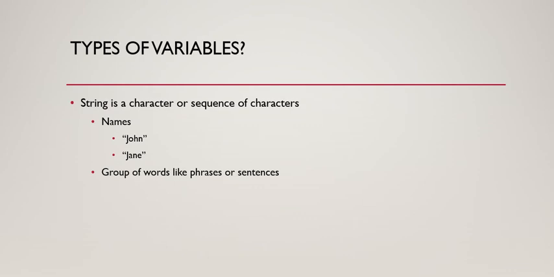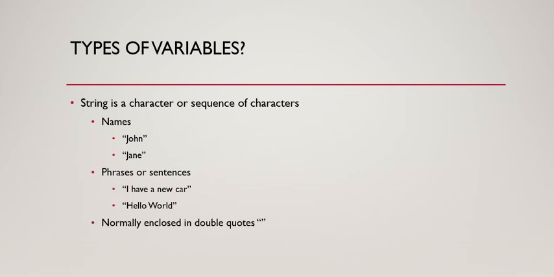And it can also contain a group of words like phrases or sentences. So "I have a new car" can be contained in a string variable. Or a string variable can have the value "hello world". String variables are normally enclosed in double quotes like this.